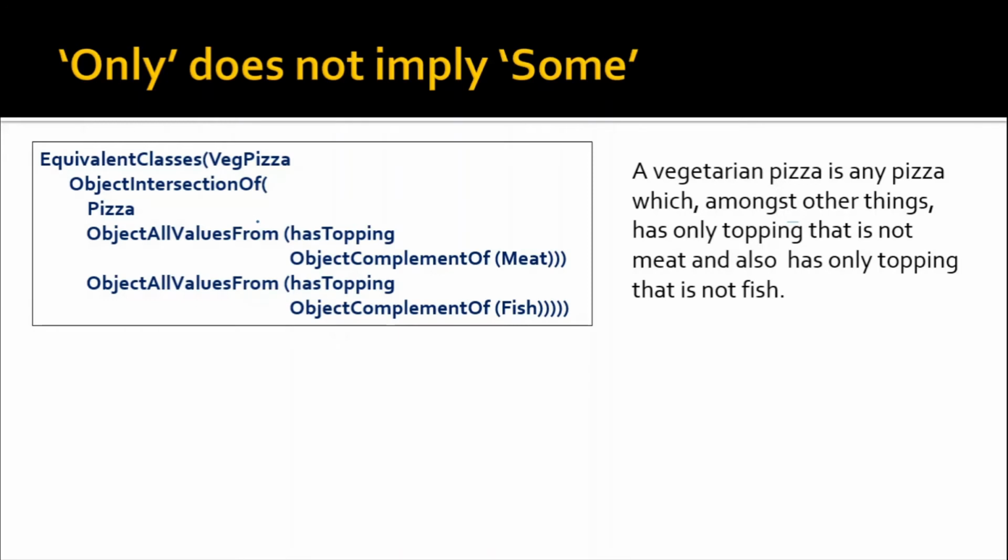So this is very easy to implement. The equivalent class, veg pizza, is equivalent to the intersection of pizza and something that has all toppings that are not meat, and something that has all toppings that are not fish, right? So this is what we are trying to model.